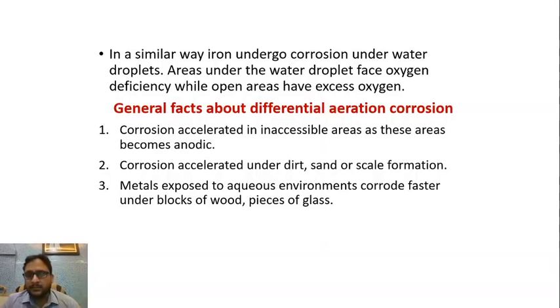If these pieces got stuck on the surface of metal, then that portion becomes inaccessible, and when it becomes inaccessible, it becomes poorly aerated, resulting in accelerated rates of corrosion on that particular region. So this was all about concentration cell corrosion or differential aeration corrosion.